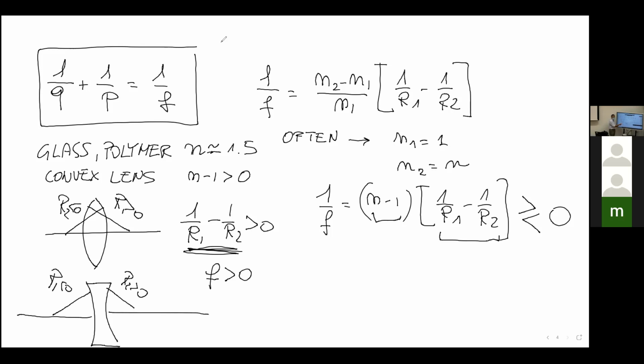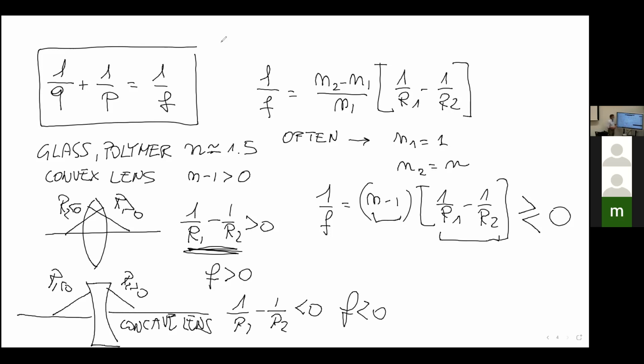And the difference of the inverse of the radius of curvature, 1 over R1 minus 1 over R2, is surely less than 0. And so you know that surely this lens has a negative focal length. Okay? So you are sure that the convex lens has a positive focal length, and the so-called concave lens has surely a negative focal length.